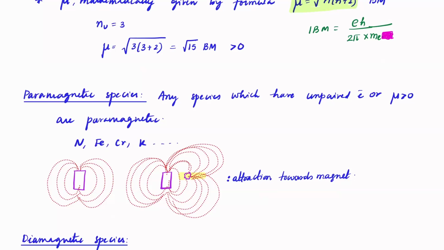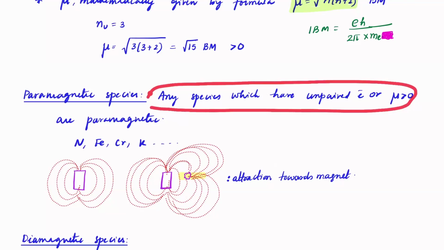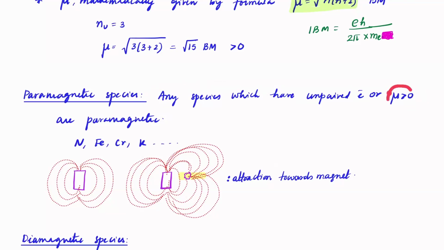Then such species which have at least one unpaired electron are called paramagnetic species. Any species which have unpaired electrons, or if mu is greater than 0, these are called paramagnetic species.